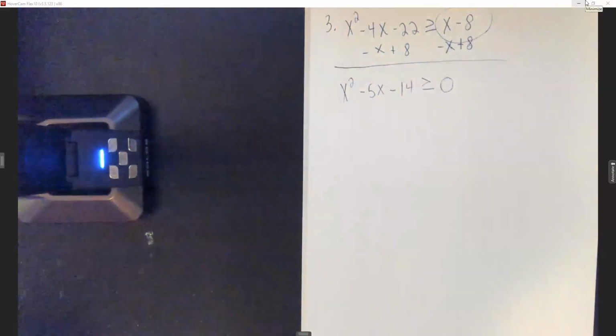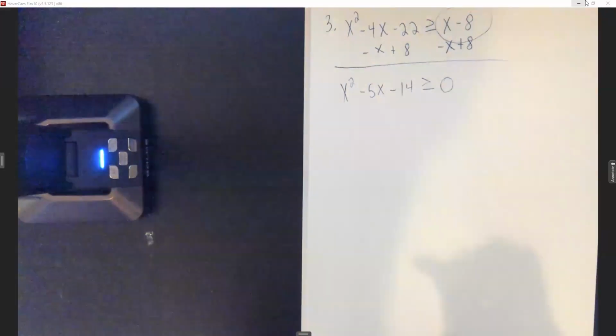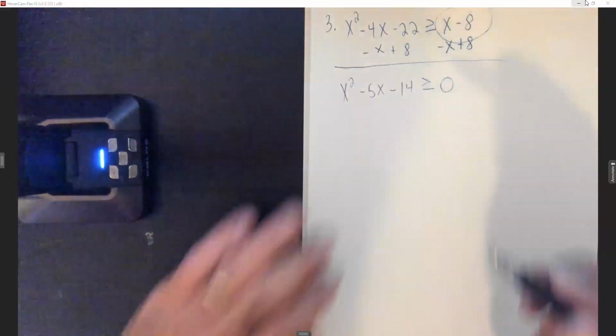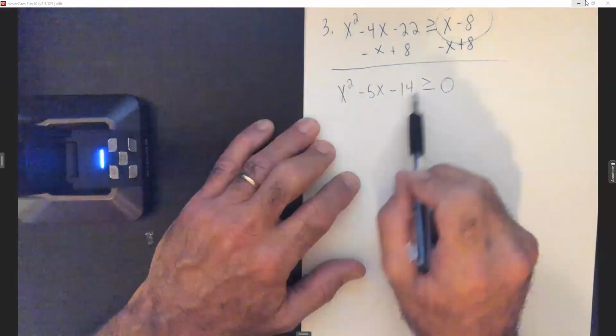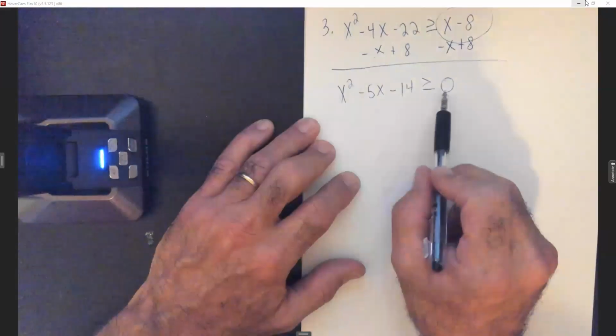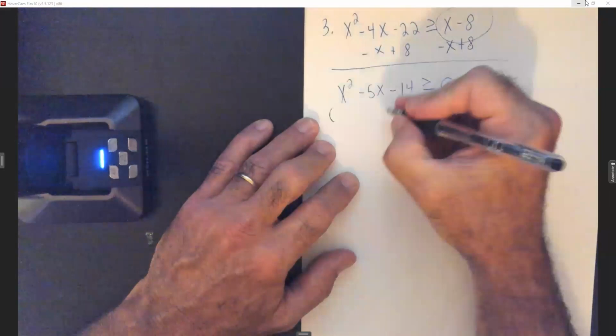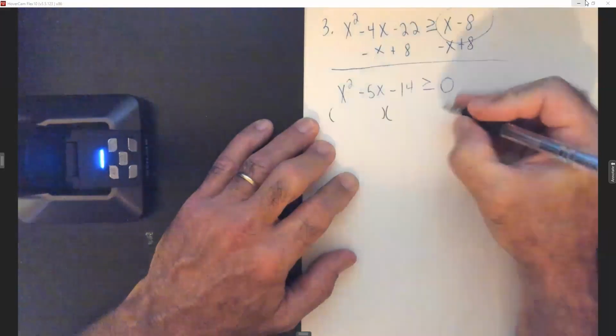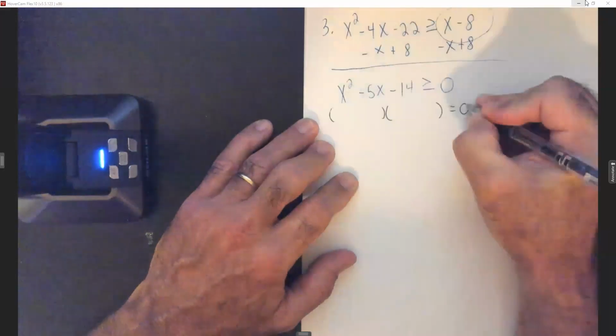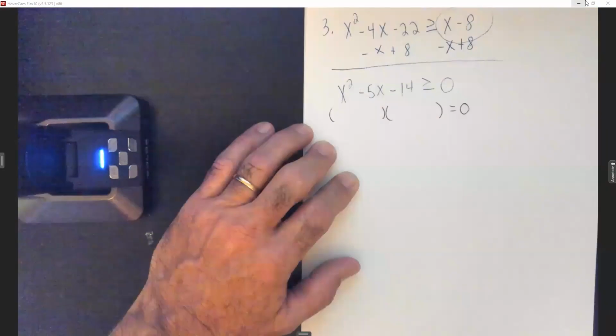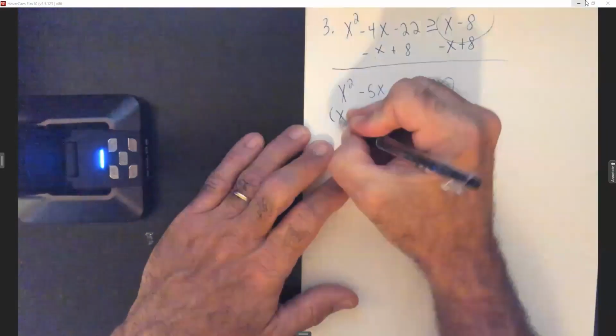All right, I'm going to change pens, so that was getting a little light. So now I've got my inequality, my polynomial on one side is 0. So now I would try to factor that. So x squared gives me an x and an x.